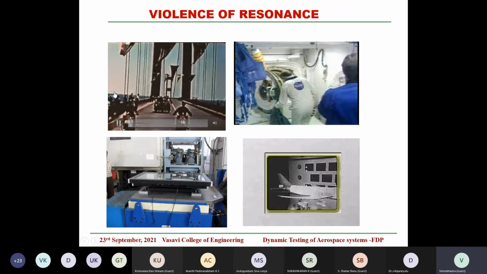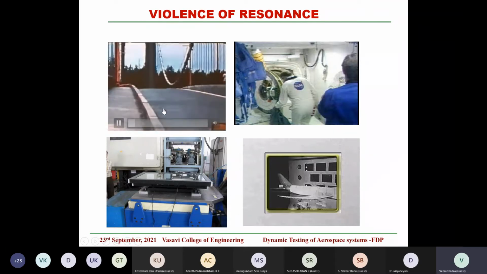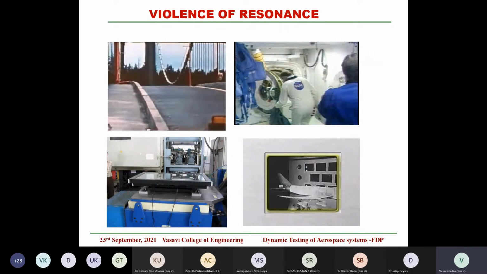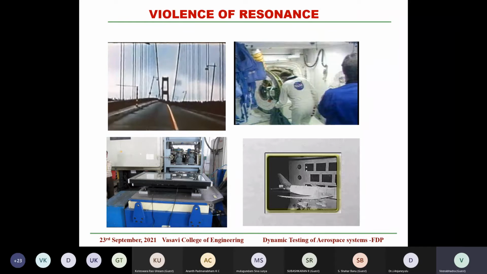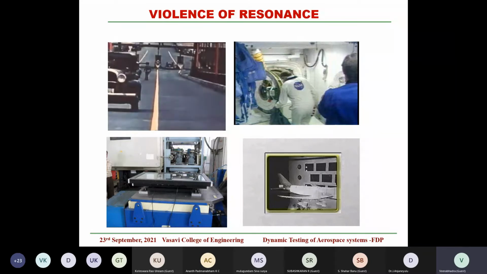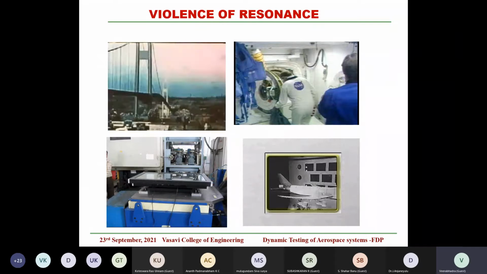The bridge actually failed due to coupling of the torsional mode and bending mode. This bridge did not have openings for the air to pass through. One day when the air velocity was high, the bridge collapsed, only seven to eight months after its inception.